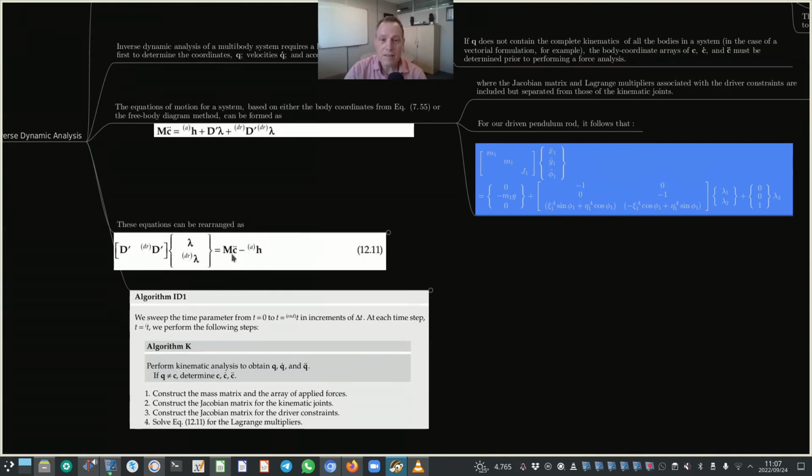On the right-hand side of the equation we've got the mass or inertia matrix multiplied by the centroidal accelerations minus the applied forces and moments.